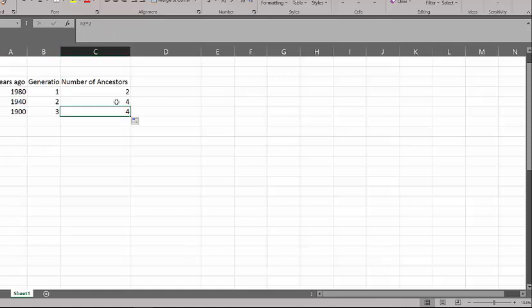We need to make this dependent on the number of generations. There we go. We all have 8 great-grandparents. All right, we go back one more generation.